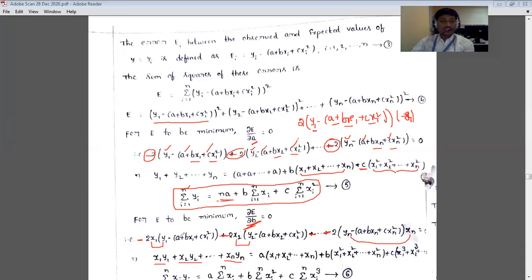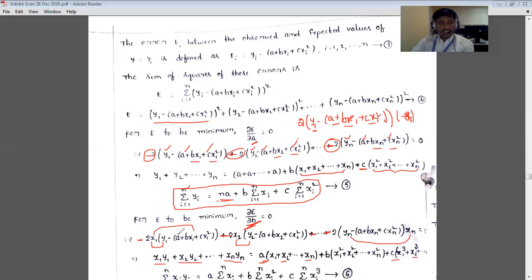Next, coming to this, here it is having x1 into this total one. So x1 into a is nothing but ax1. That's why here ax1, next in this term ax2, and next term axn. So for that a we take common. And next finally x1 into x1 square is nothing but x1 cube. So c into x1 cube, c into x2 cube, and so on.